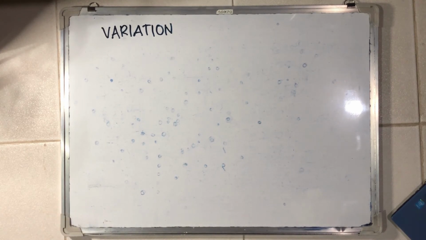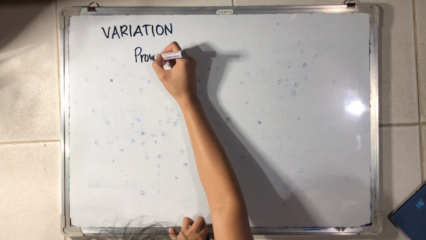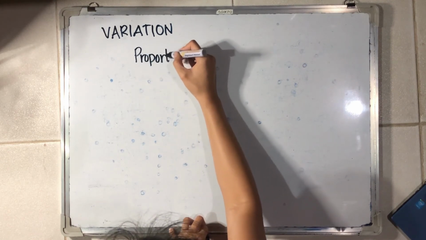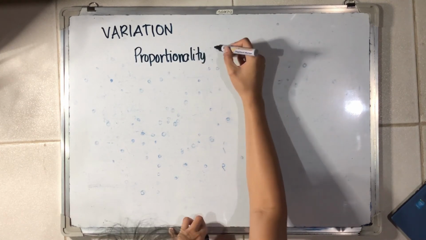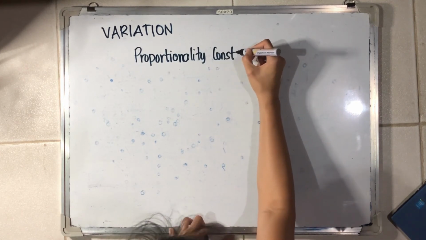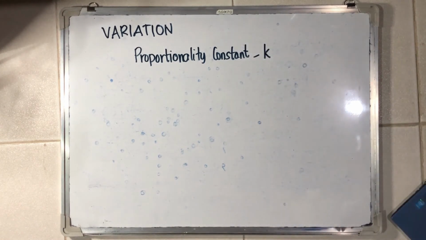Ang very important na isang element dito is yung tinatawag natin na proportionality constant. Okay, proportionality constant, that is your variable K.